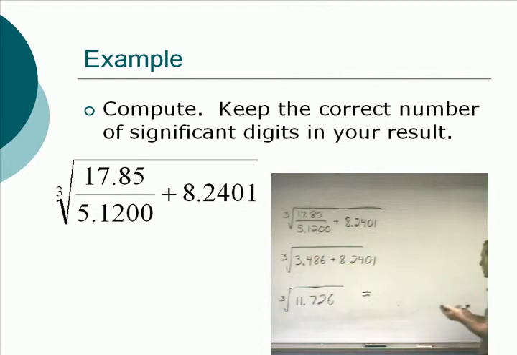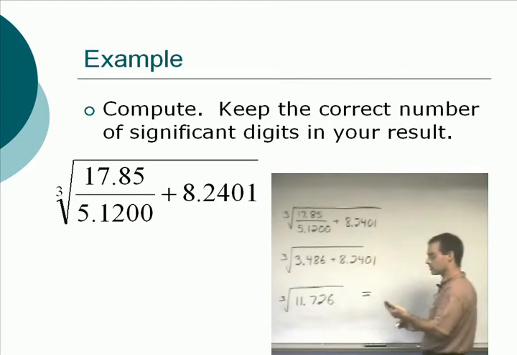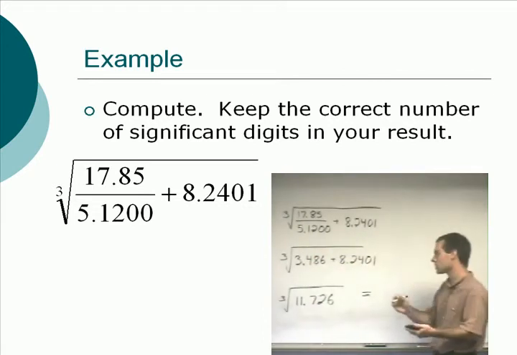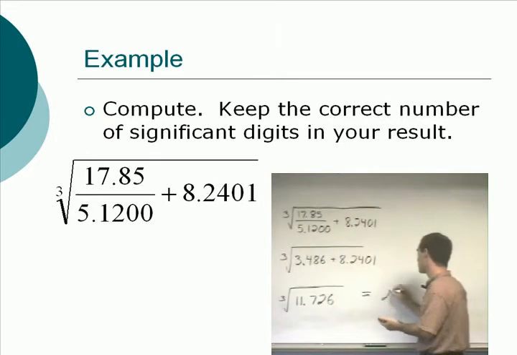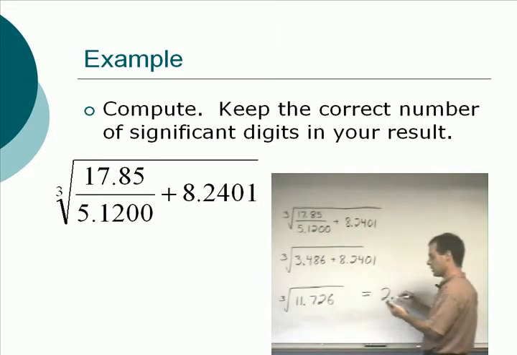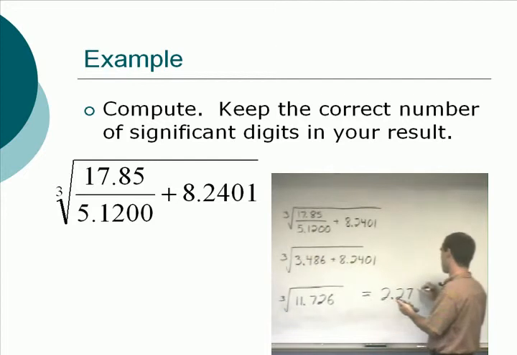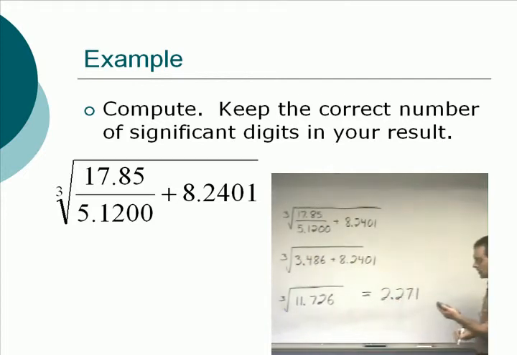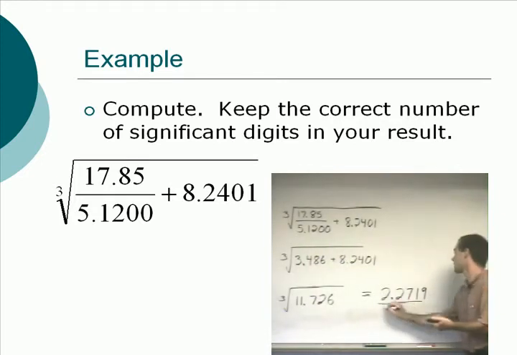And it turns out to be a long decimal, but when we keep 5 significant digits, you should find that it works out to 2.27186, and so we have to call it 2.2719. There's our 5 sig digs.